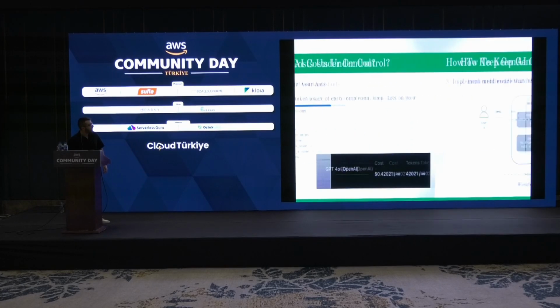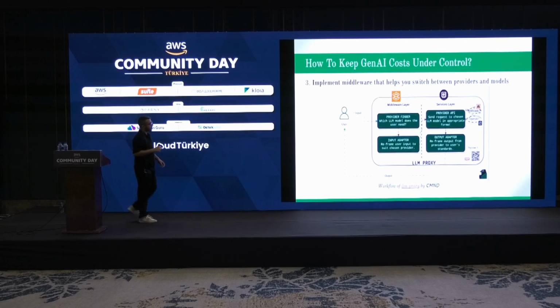And in that light, I would also advocate using a middleware. So instead of talking directly to AWS Bedrock or OpenAI APIs, use middlewares that allow you to switch between different providers and models at any one time.